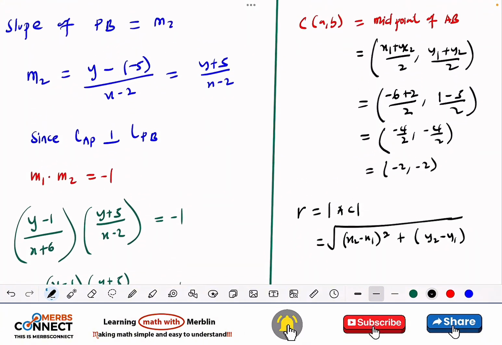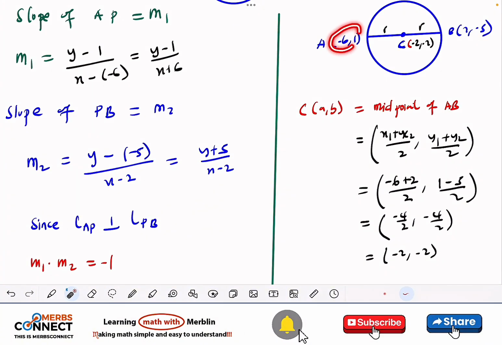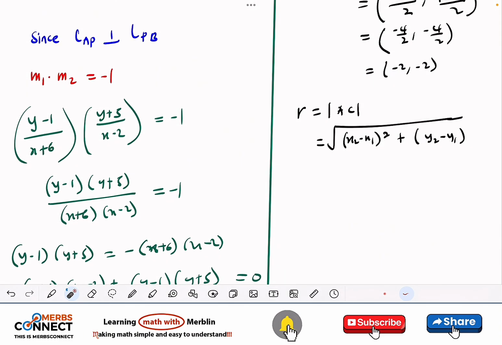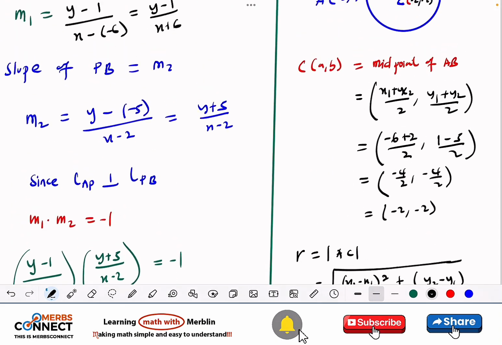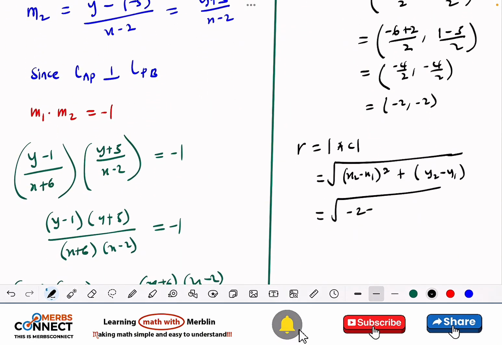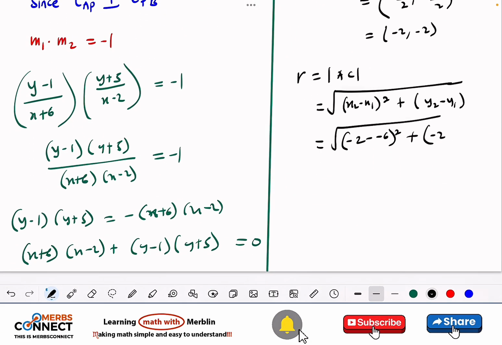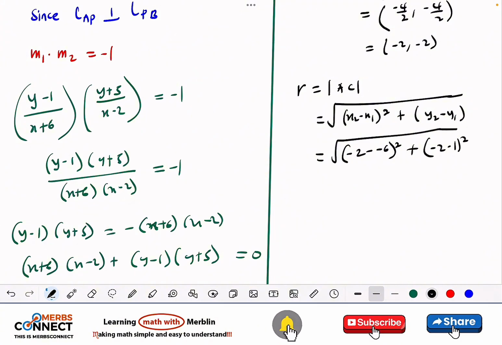So point A, let me assume that this is my x1, y1, this is my x2, y2. And I'm going to have the root of (-2 minus 6, so it's going to be -6) all squared plus (-2, and then this one is 1, so -1) squared.